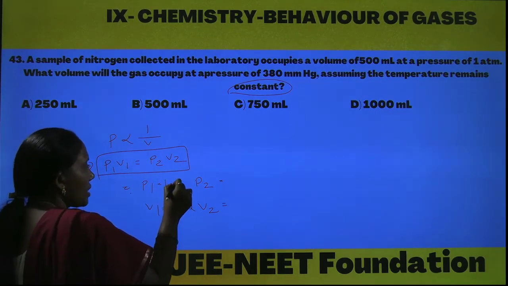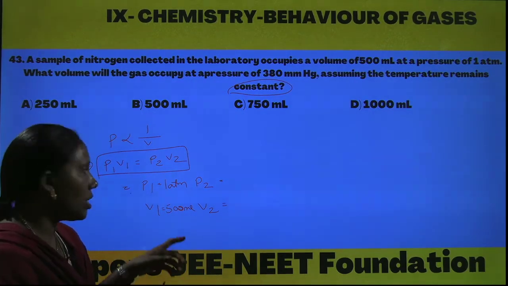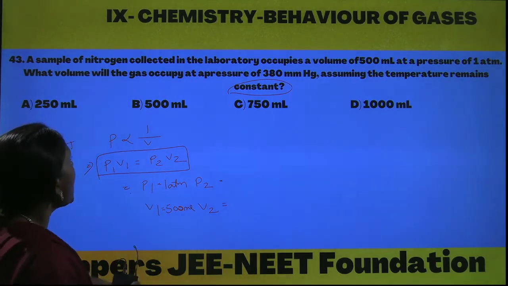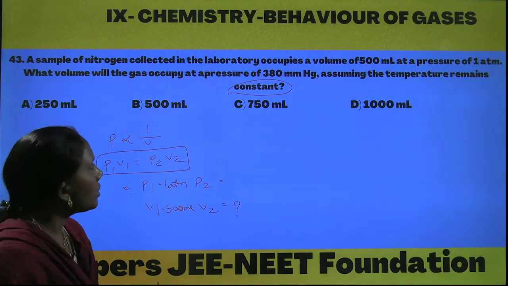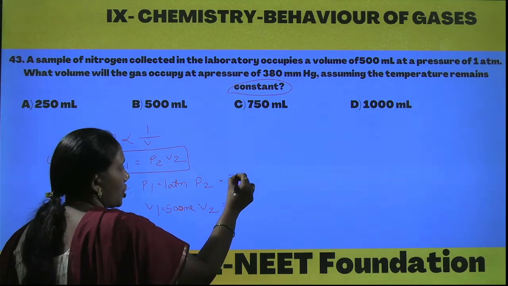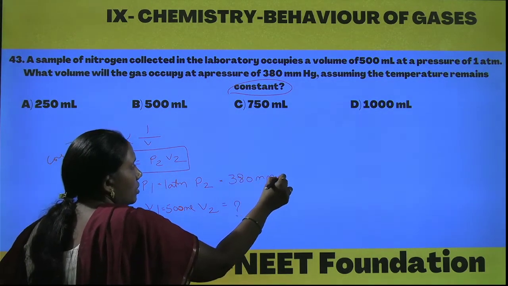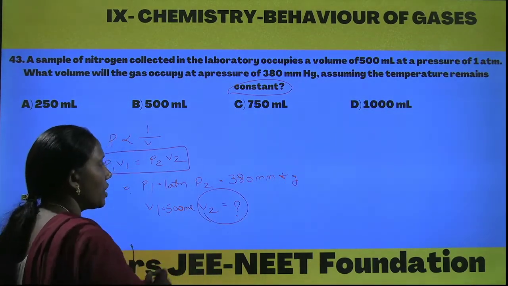So P1 is 1 atmosphere. What volume the gas will occupy, means V2, he is asking us to calculate at a pressure of 380 mm of Hg. So we have to find V2 from the given data.